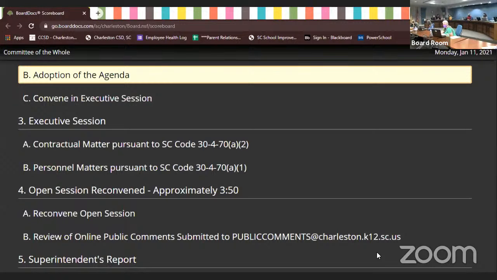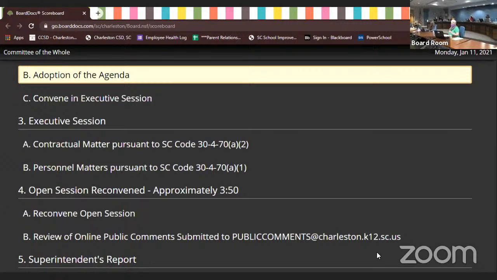Correct me if I'm wrong, Dr. Postaway, then all of that is made public, but the board is to see it first. Is that correct? Yes, ma'am. So at the end of this meeting, staff will have loaded that document up into the public board docs. Correct? Okay, thanks for that clarification. It may take until morning to do that, but they are moved to the public immediately on the next workday.